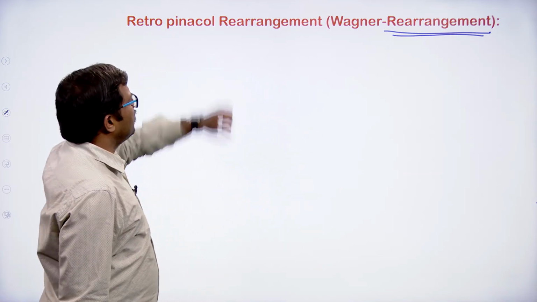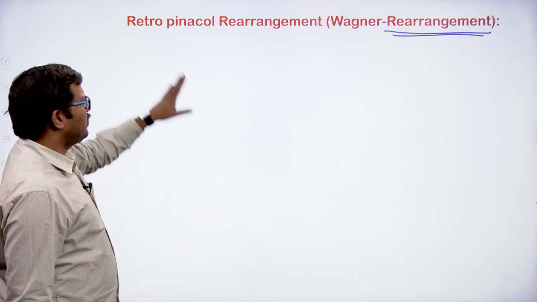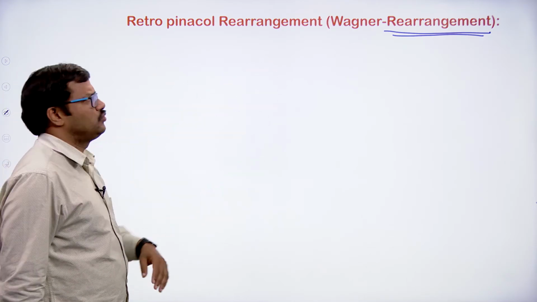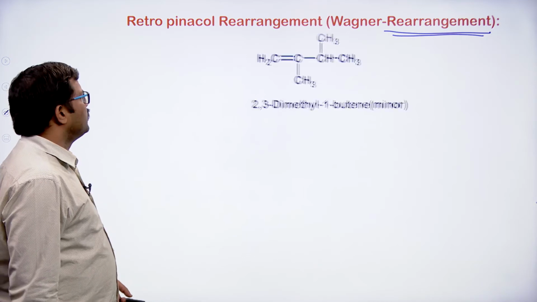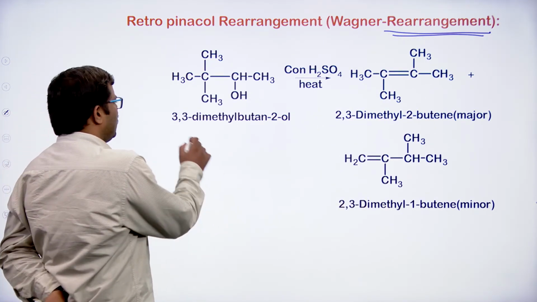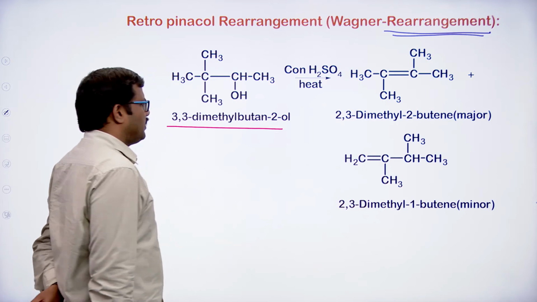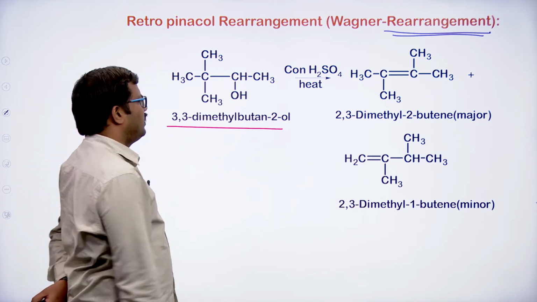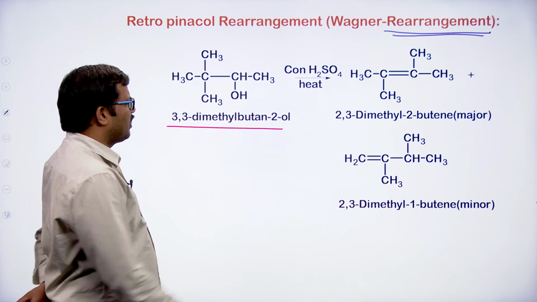When looking at rearranged products, we can take the example of the retropinacol rearrangement, which we can also call the Wagner rearrangement. For example, if we start with 3,3-dimethyl-2-butanol, this is an alcohol.